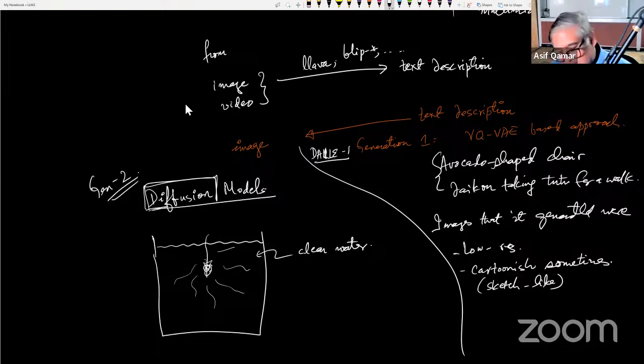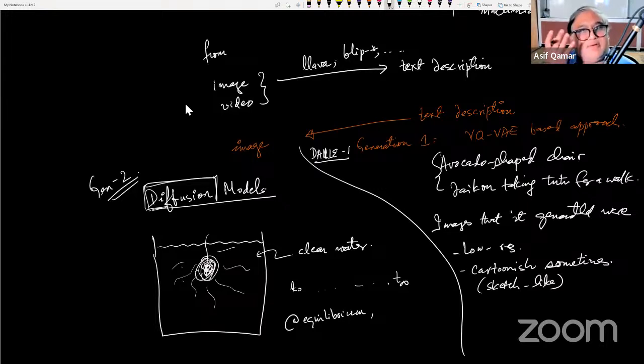What it means is this thing will eventually permeate in sufficient time. So suppose at T0, it will look like this. But by the time you go to T infinity, it will become homogeneous, at equilibrium. The two things would have mixed completely, isn't it? So when you look at a drop here, it's localized in space.